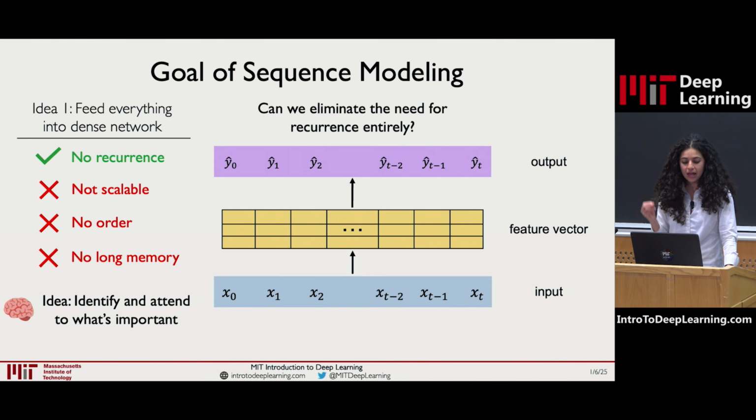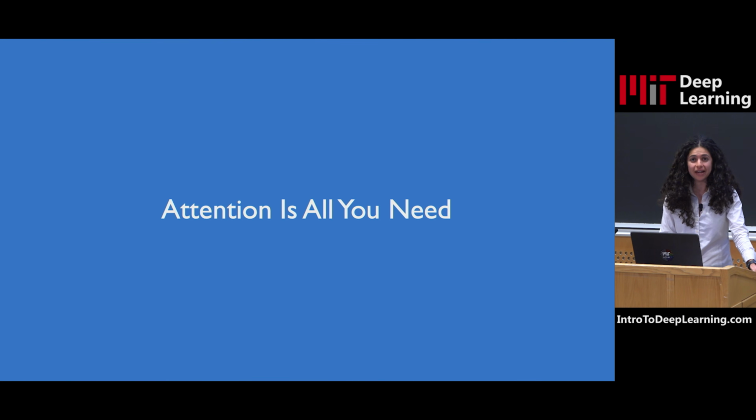Thinking about this in other words, can we define a way, given a sequence, to identify and attend to the important parts of that sequence, and moreover, model the dependencies in that sequence that relate to each other? And this is the core idea of a very powerful mechanism called attention.